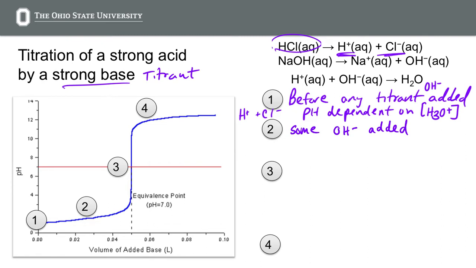Okay? So fewer moles of OH minus have been added than there are H plus in that original solution. So we'll do moles of OH minus are less than moles of H plus before reaction. Okay?